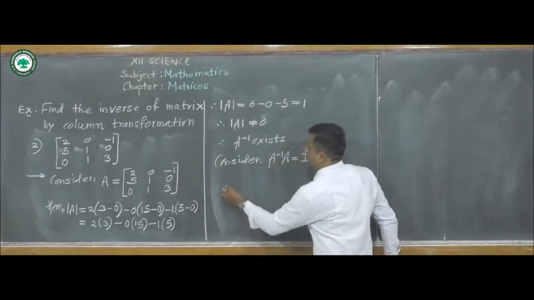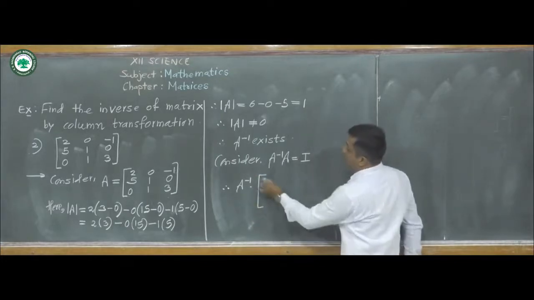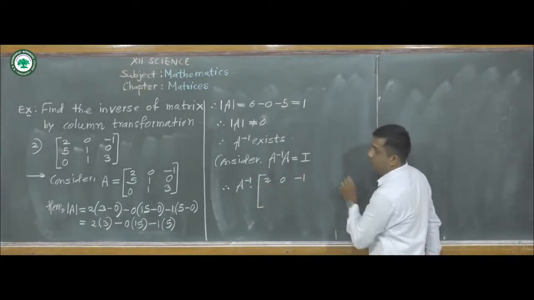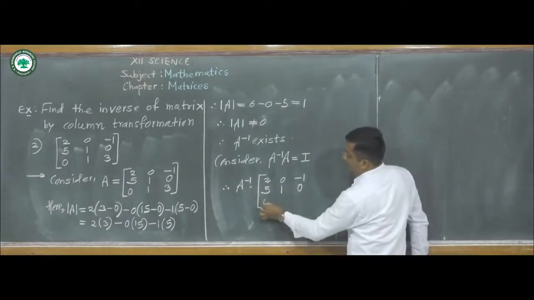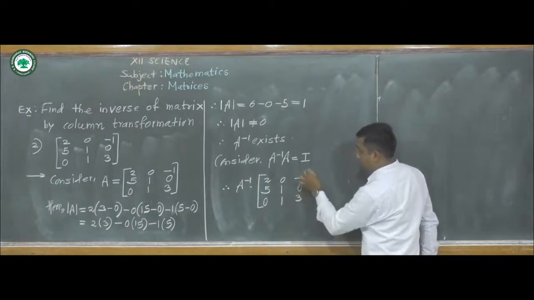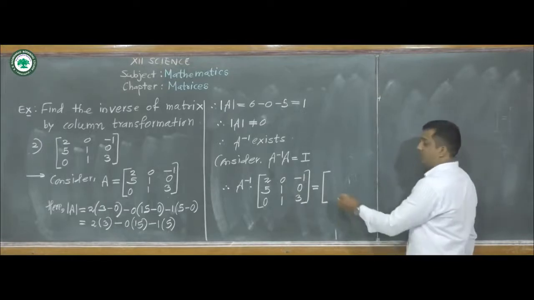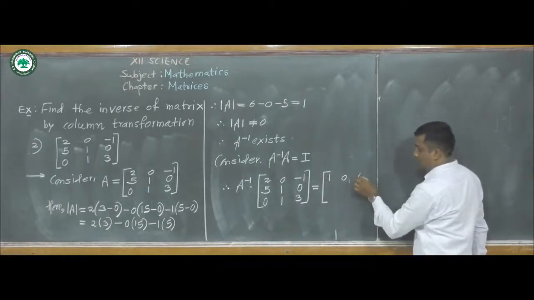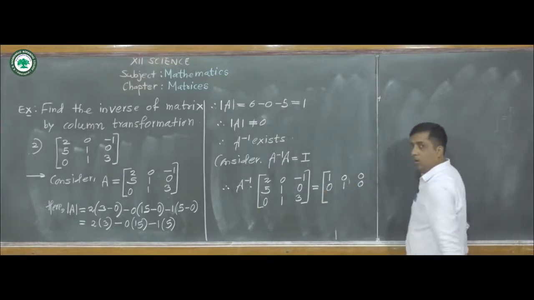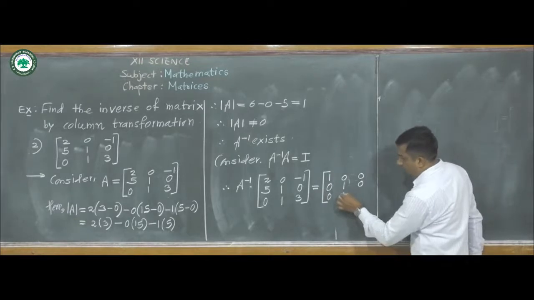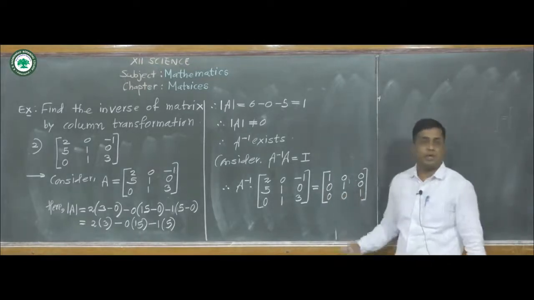So A inverse into the given matrix A with rows 2, 0, minus 1; 5, 1, 0; 0, 1, 3, is equal to the identity matrix with rows 1, 0, 0; 0, 1, 0; 0, 0, 1. So this is our equation.